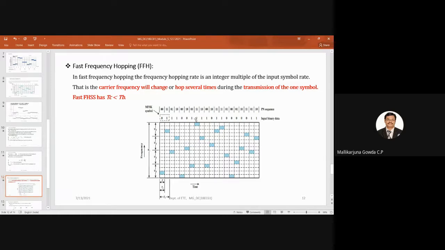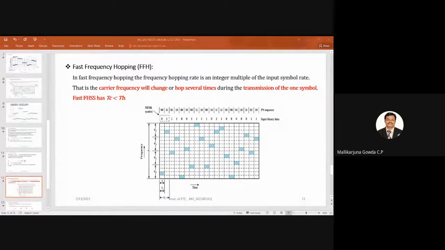For this 1, 1, let me make it full screen so that I can use it. I hope everybody has understood the first symbol for this, 0, 1. I said, what are the hopping frequencies? This is FC0, right?